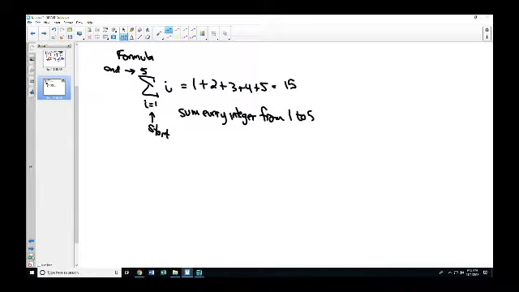How about a different one? From n equals 0 to 4 of 4n squared. So we can change the formula.